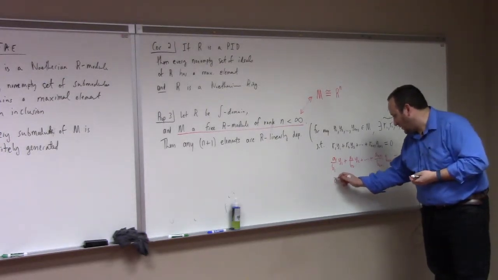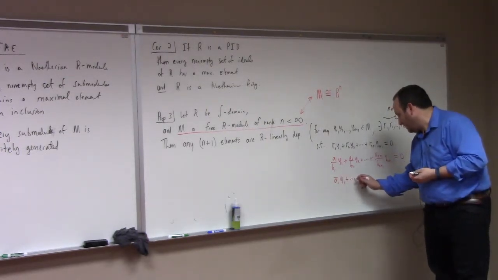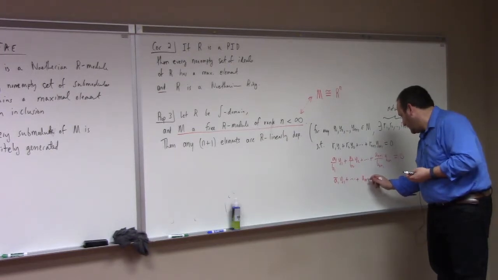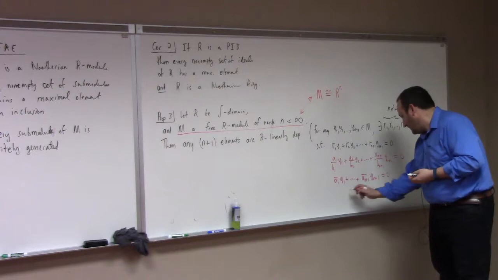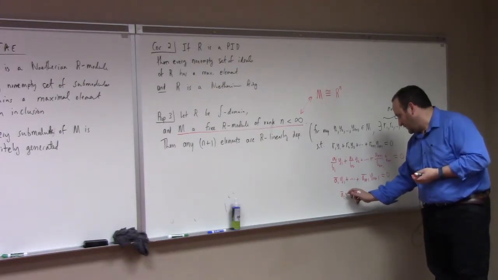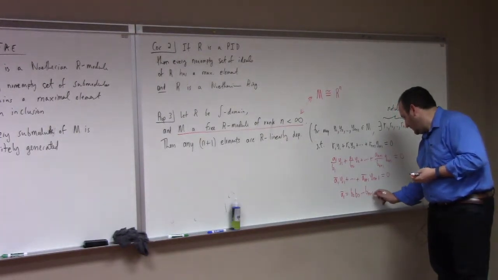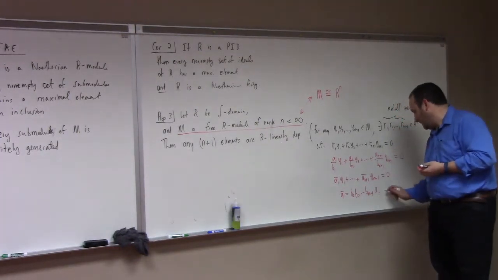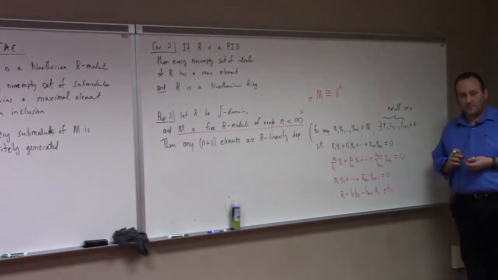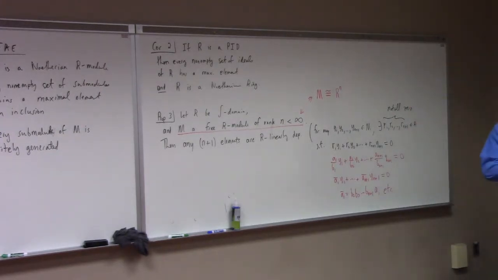So like A1 bar, Y1, ... AN plus 1 bar, YN plus 1 equal to 0, where here A1 bar is the horrible B2, B3, Bn plus 1 times A1, etc. The B1s cancel and everything else is left, right?